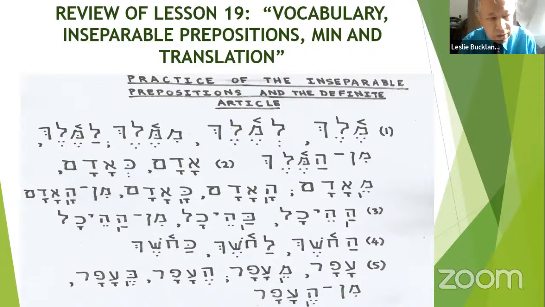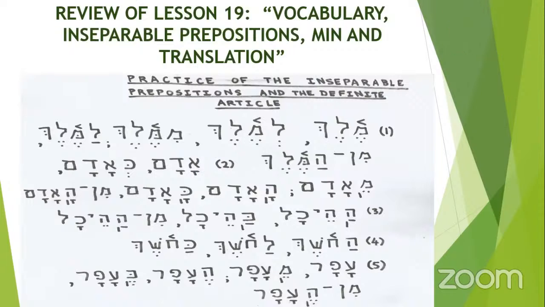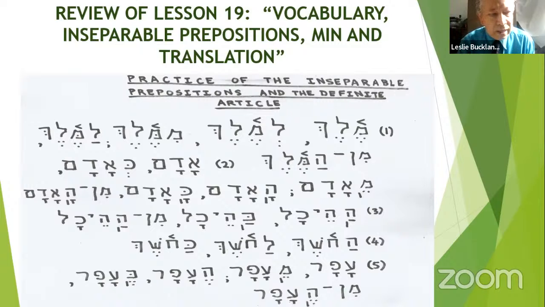The lameth as a preposition means what? To the king. Okay, that's correct. It means to the king. If it had kamelek, it would be as the king. The pathak under the lameth is what is left of the definite article. So it is to the king.